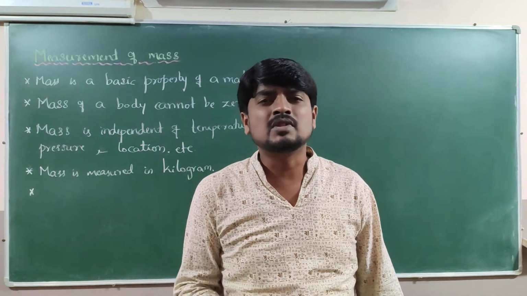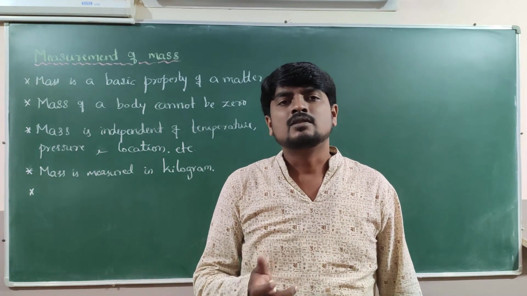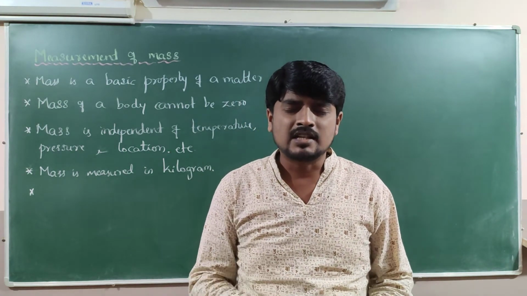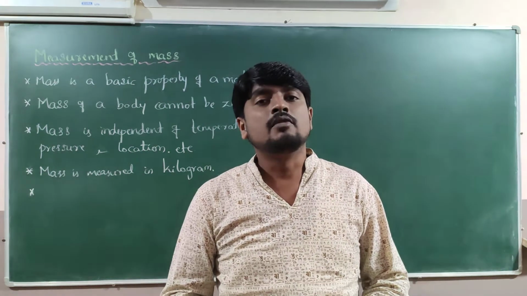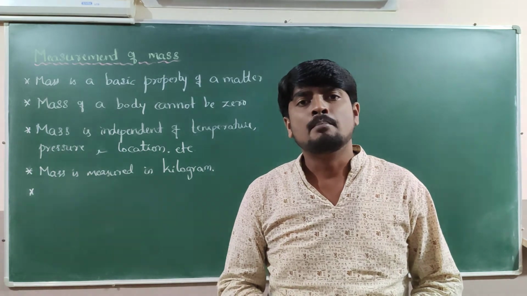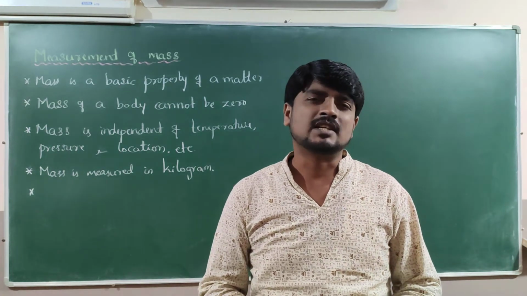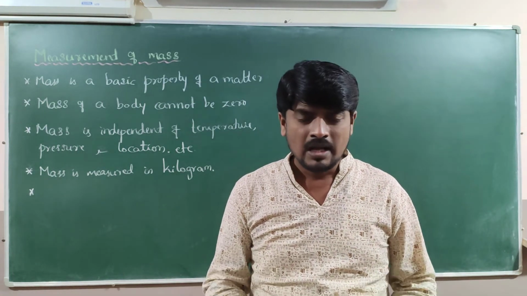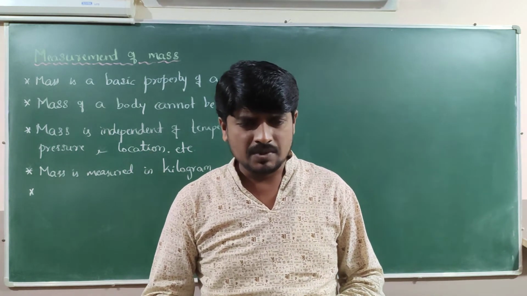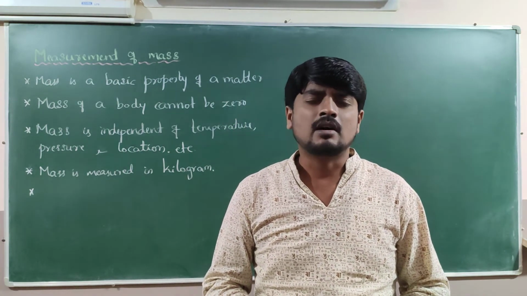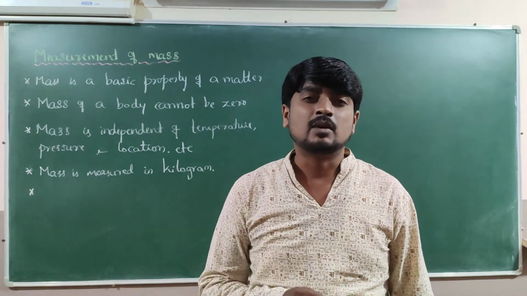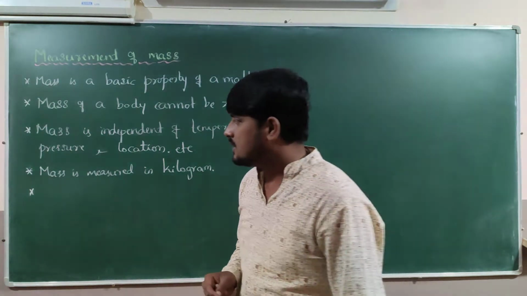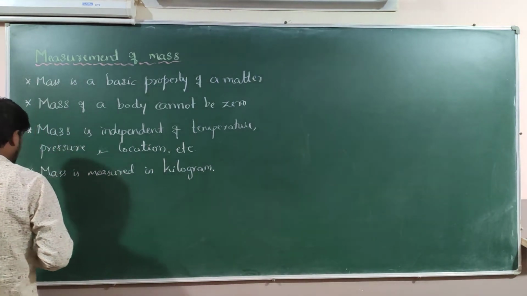So the mass of commonly used objects can be determined using the normal balance. But if we want to measure the mass of celestial bodies, the mass of such objects can be measured using another method called the gravitational method.